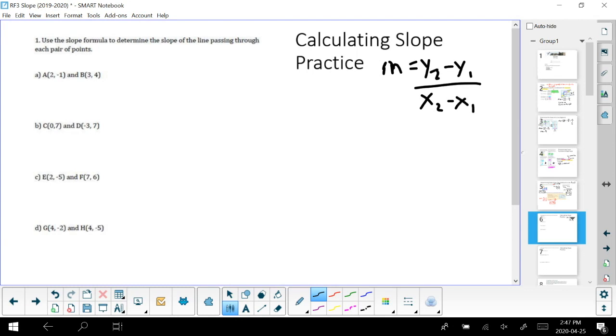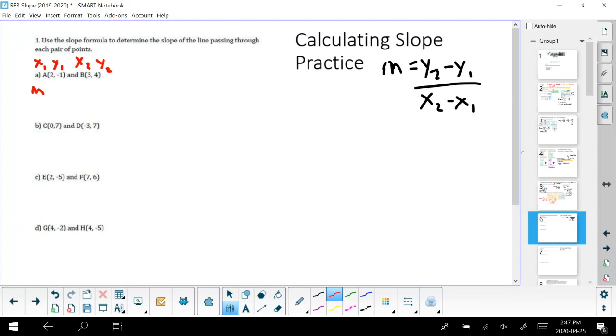I'd recommend that you guys always start off with your formula first. I will just keep my formula on the right-hand side because I am going to run out of room on this page. So after we start off with that formula, let's go ahead and label our x1, y1 and x2, y2. So just through convention, I'm going to label the first one as x1, y1 and the second one as x2, y2.